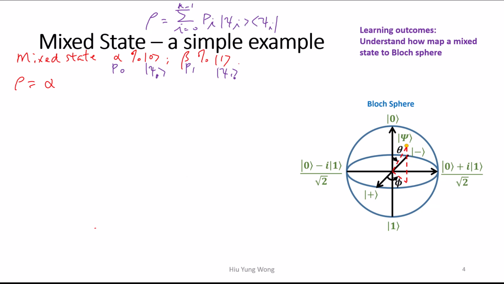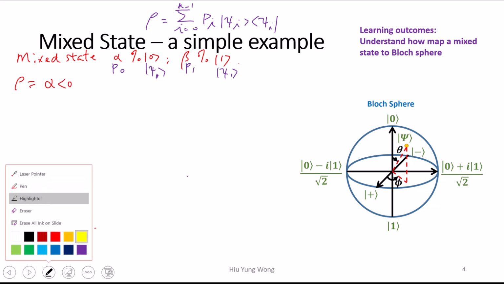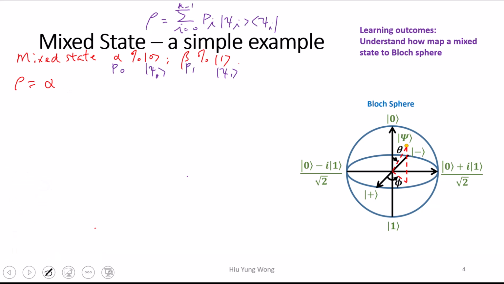As we already showed, by using this equation, it should be alpha times the outer product of 0 plus beta times the outer product of 1. We already showed last time, you can go through the process. This gives you the density matrix alpha 0, 0 beta.